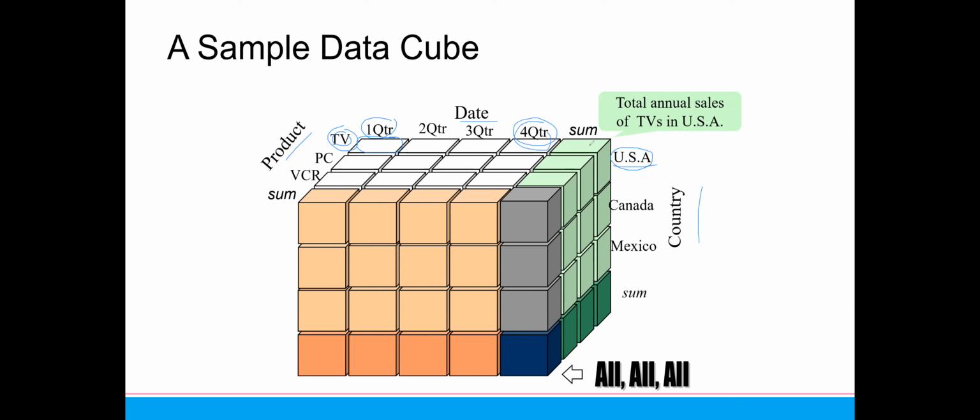So we can do the summation. This is the summation of total annual sales of TV in USA. This is the sales in Q1 of all products, and so on. If you look at this one, it means you want to sum for all the data.